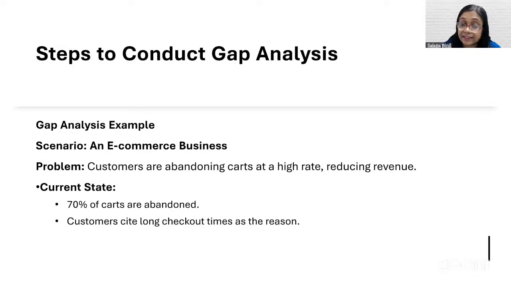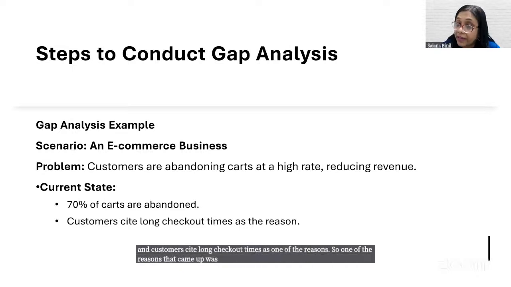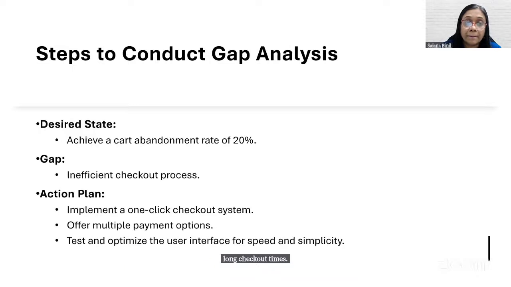So the current state was that 70% of the carts were abandoned, and customers cite long checkout times as one of the reasons. The desired state was to achieve a cart abandonment rate of 20%.